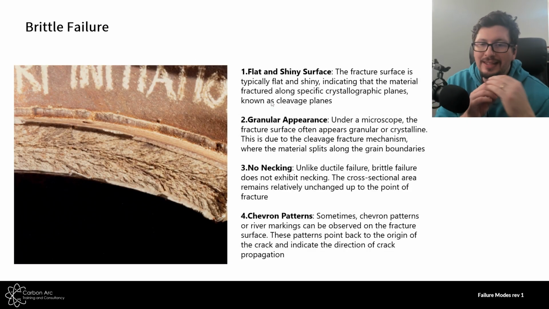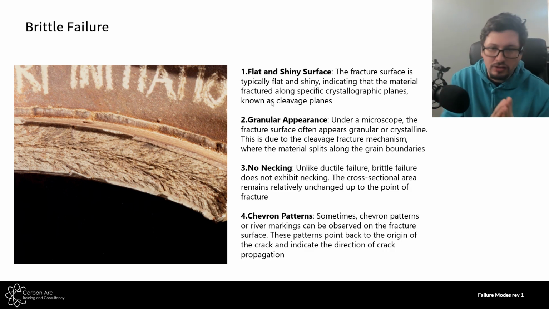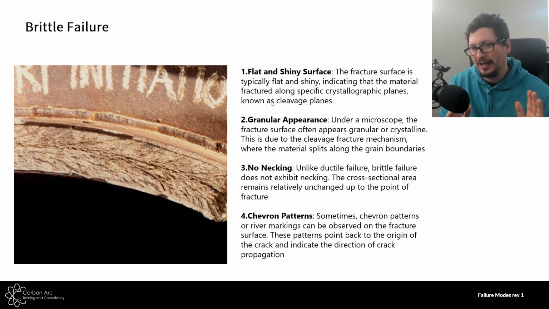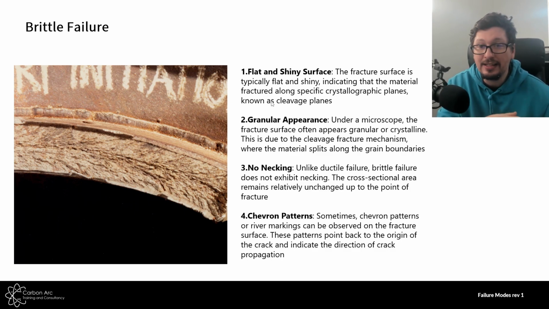Now, these fracture surfaces, when they do break, are flat. Imagine something like glass when it breaks, at very straight edges, very straight lines, very, very quickly. So the way we describe that is flat and featureless. You might see flat and shiny, or flat and crystalline.